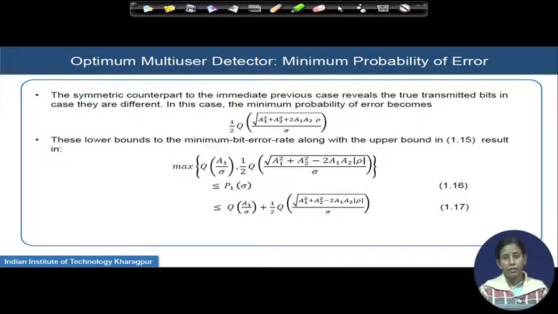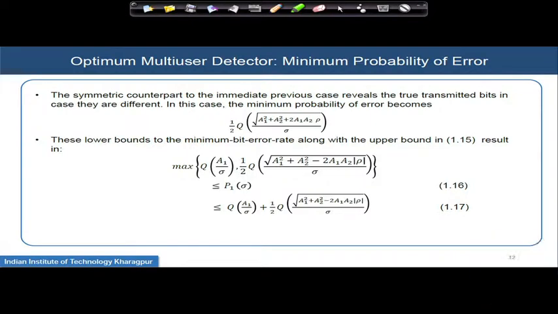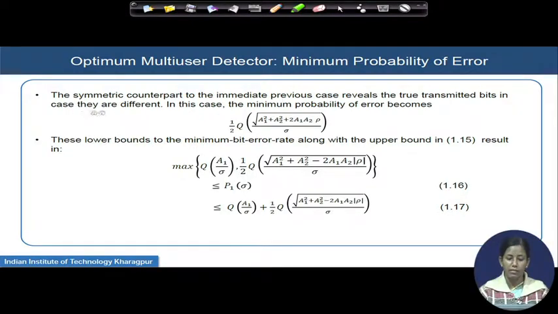The symmetric counterpart of the immediately previous case reveals that the true transmitted bits are different.